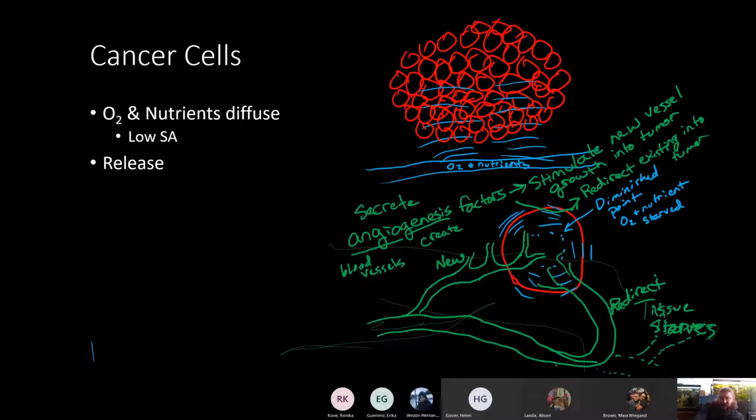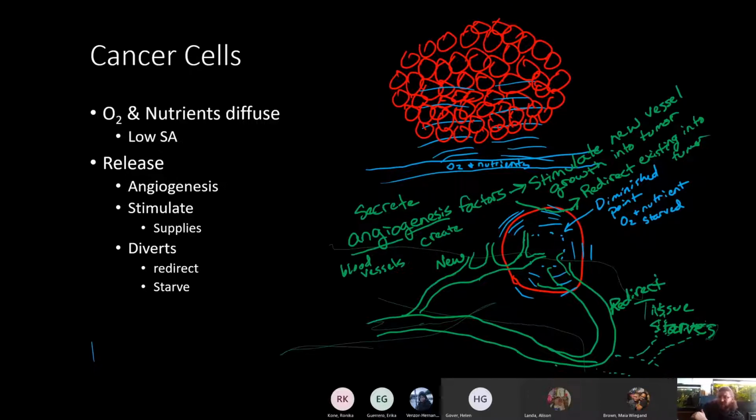Okay, so it releases angiogenesis factors that cause blood vessels to create new growth into the tumor and redirect blood vessels into the tumor. So it stimulates new growth that supplies oxygen and nutrients, and redirects existing growth, and starves the original tissue that those blood vessels served.